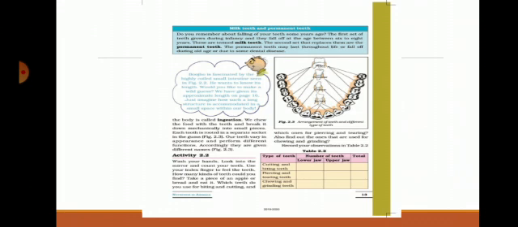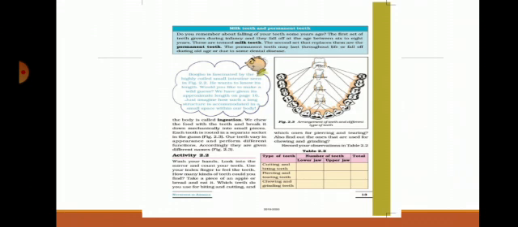The main digestive glands that secrete are the salivary glands, liver and pancreas. Various processes are involved in digestion: ingestion, digestion, absorption and assimilation. You will study about them in detail later.